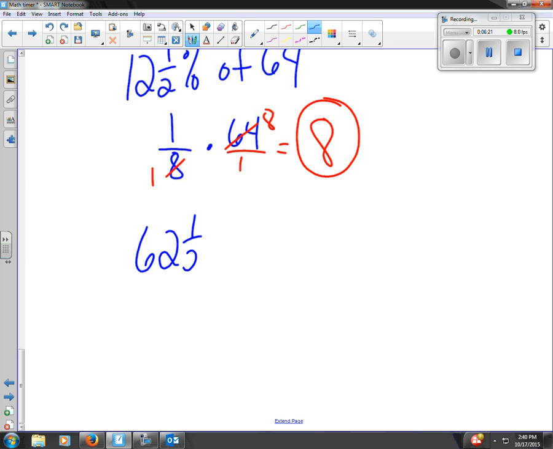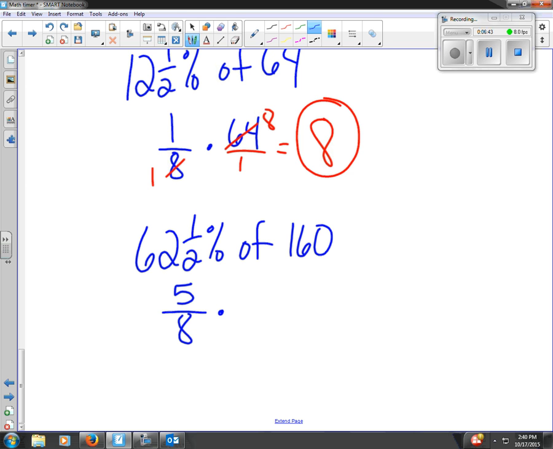Let's try one more. 62 and 1/2% of 160. Again, this looks super complicated, but if you know the fraction for 62.5% is 5 over 8, okay, and ironically, I have the percent fraction equivalent poster on my wall in my classroom, so you could always look at that if you need help.